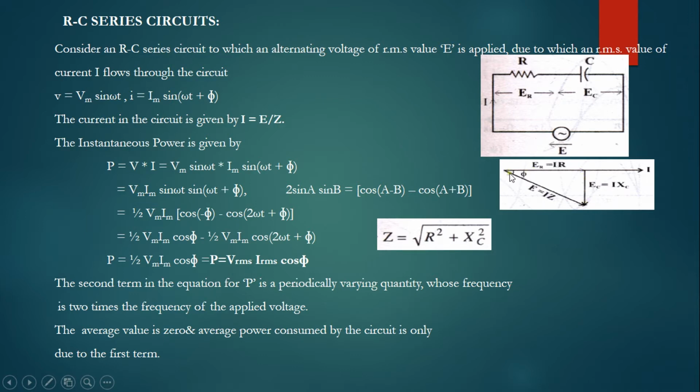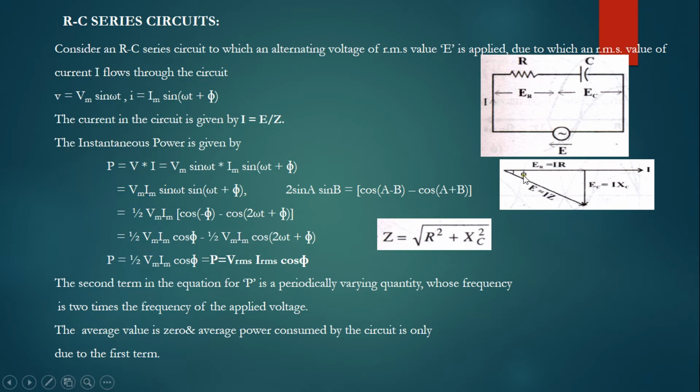So this is the total voltage of the circuit, and this is the total current. Since it is a series circuit, only one current is present, so this is taken as the reference. Total current leads the total voltage by an angle phi.